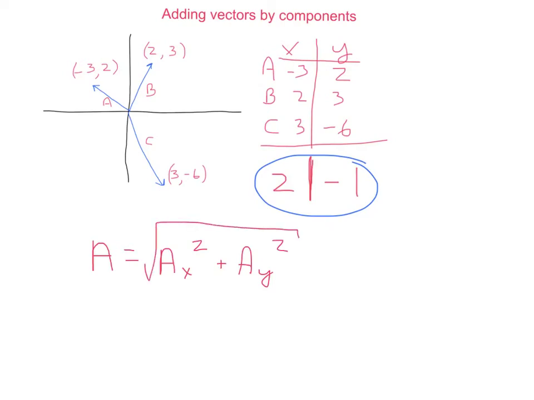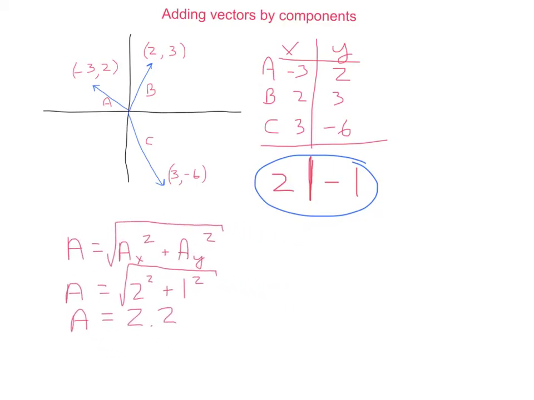And when we solve that out, we have ax, which is the 2, and ay, which is the negative 1. So that would be 2 squared plus 1 squared underneath the radical. So the magnitude of the resultant vector comes out to be 2.2.